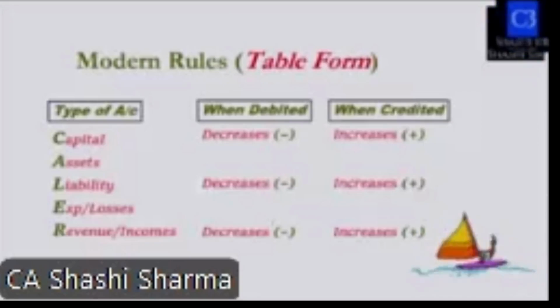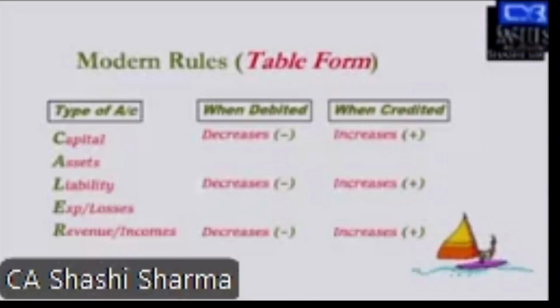If due to a transaction, the capital is getting increased in our business, then capital account will be credited. And if capital is decreasing due to a transaction, then capital account will be debited.